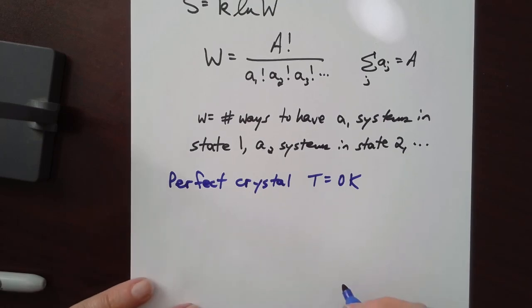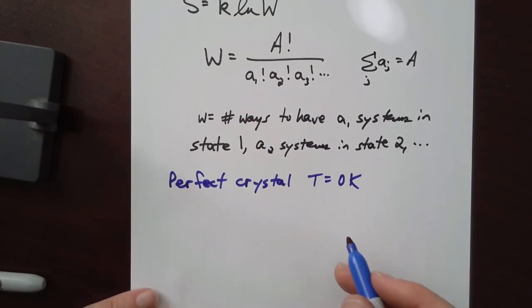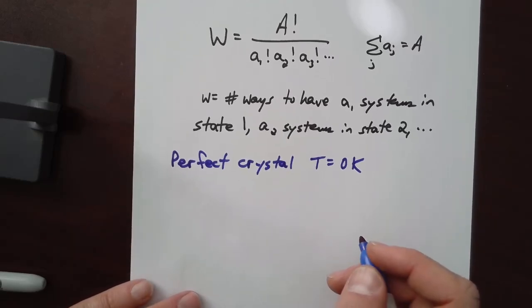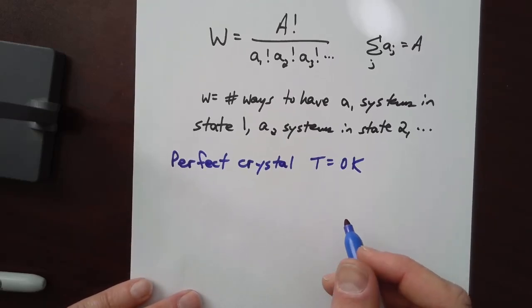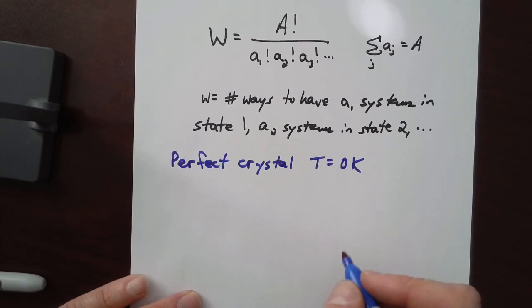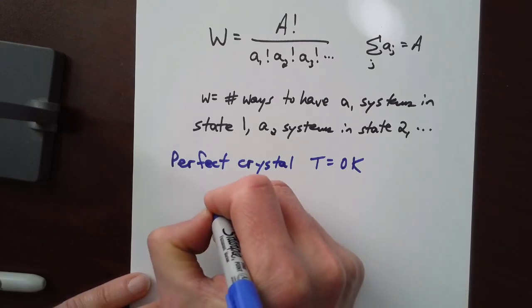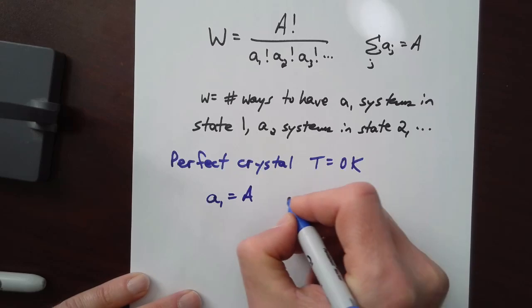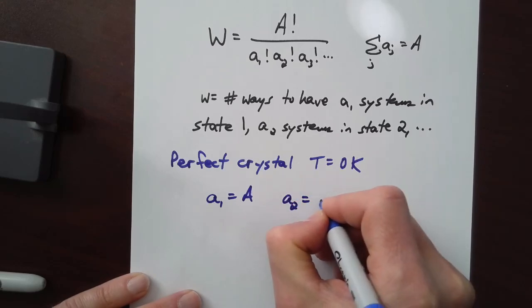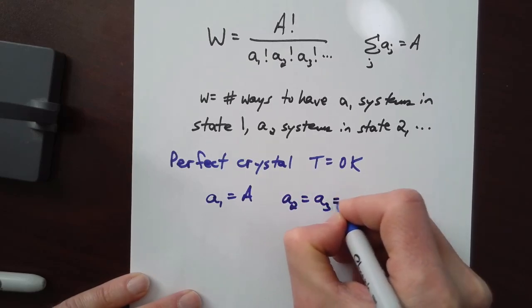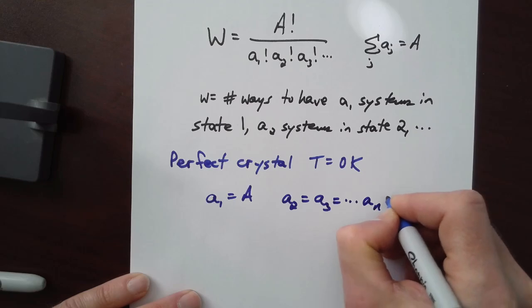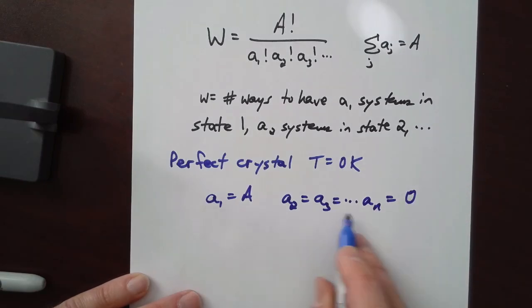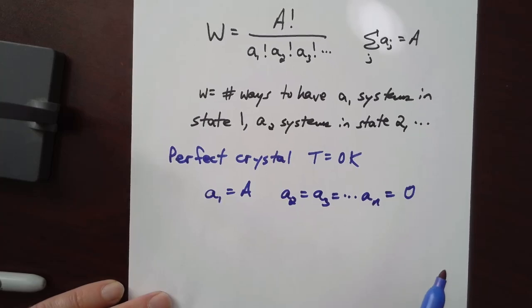So everything is in the lowest energy state, which we will assume is not degenerate, meaning there's only one state with the lowest energy. In other words, A1 equals A, and A2 equals A3 equals AN, which equals 0. So everything is in state 1. Nothing is in any other states.